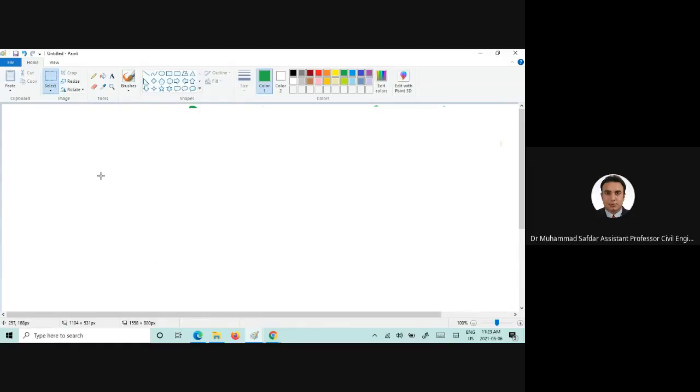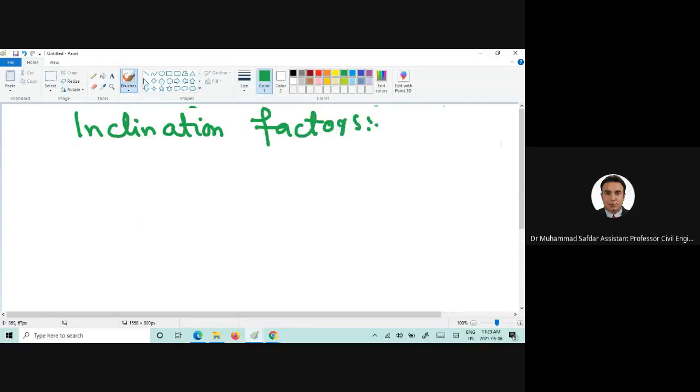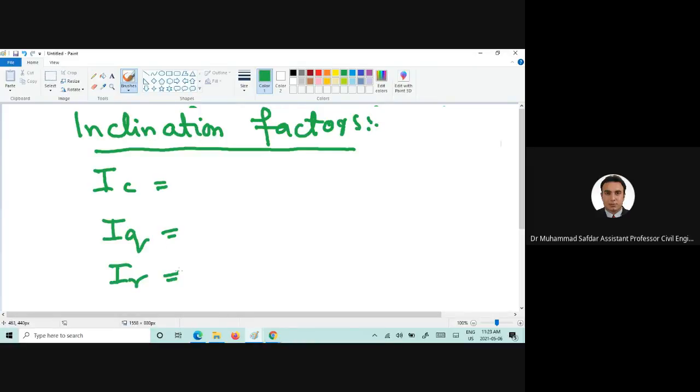And then at the end, we are going to find out the inclination factors. Give me the theta value first, and then Ic, Iq, and I gamma.